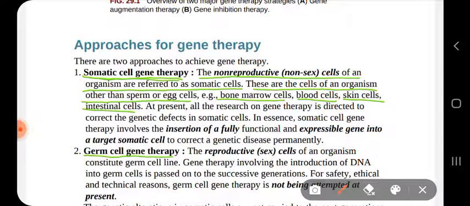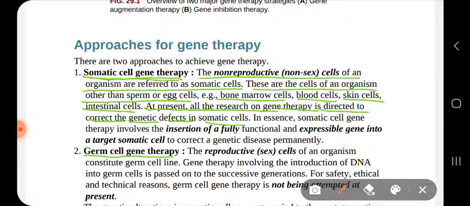These are the somatic cells which are used for gene therapy. At present, all research on gene therapy is directed to correct genetic defects in somatic cells. Nowadays we are applying gene therapy on somatic cells, not on the sex cells.